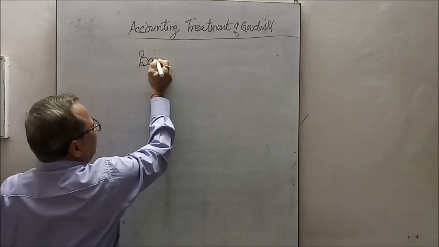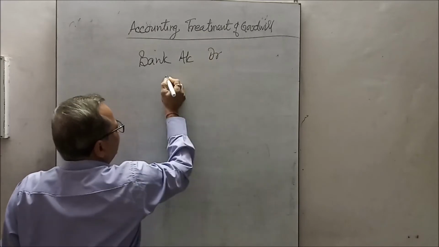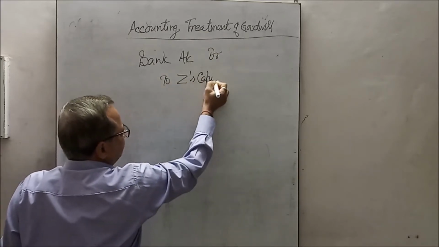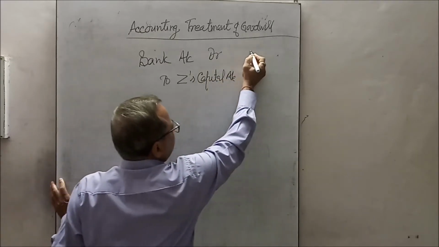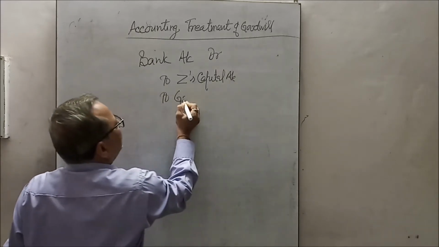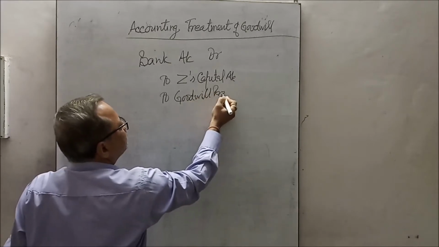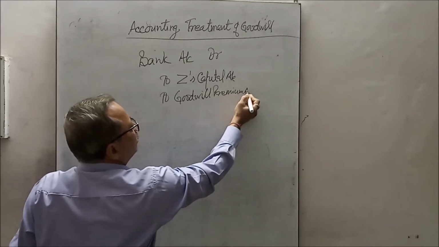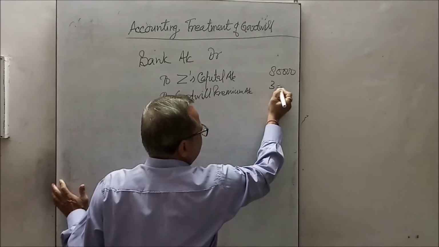Bank account debit to Z's capital account 80,000, to goodwill premium account 30,000.